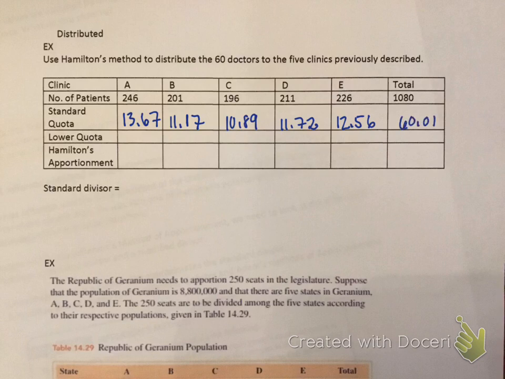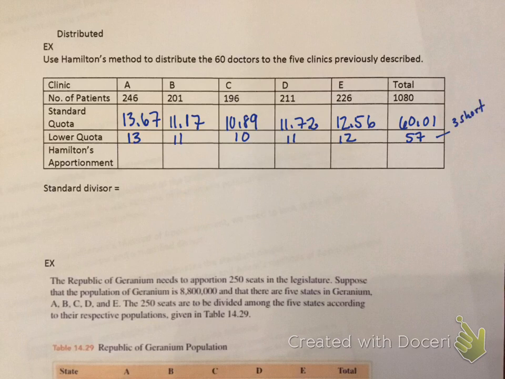Then, for Hamilton's method, we take the lower quota. So this goes down to 13, 11, 10, 11, 12. And if we add those up, we have 57. So we are 3 short.